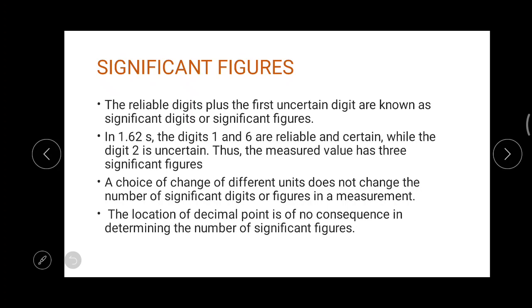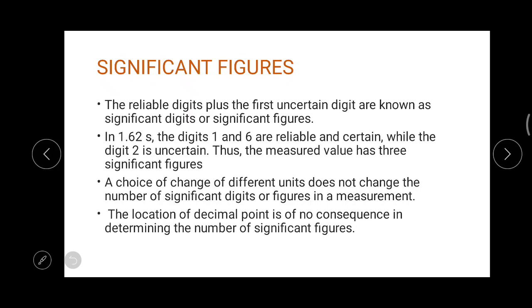So the significant figures are the certain digits along with the first uncertain digit, and the total number of those digits is known as the significant figures, or they are also known as significant digits.